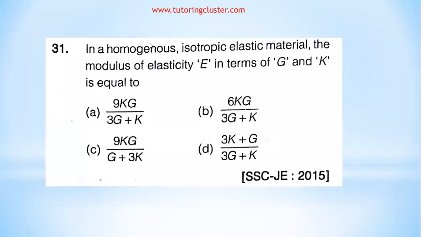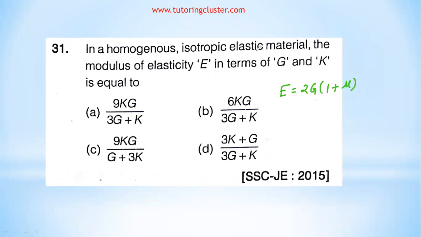Question number 31. It's again very simple. We have already seen the relationship between the different material constants, that is E, G and K. Again we will revise. E is equal to 2G in bracket 1 plus mu.